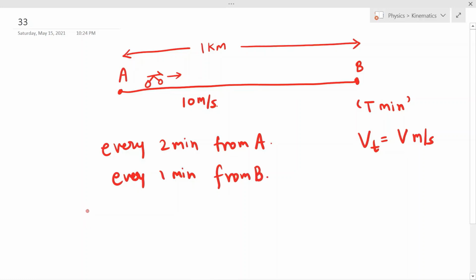So this is from B every 1 minute. Calculate what is the T, that is the time period that the cab or the taxi leaves.